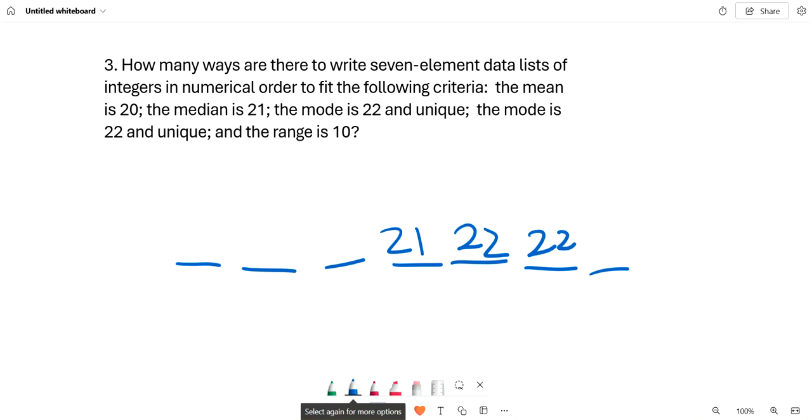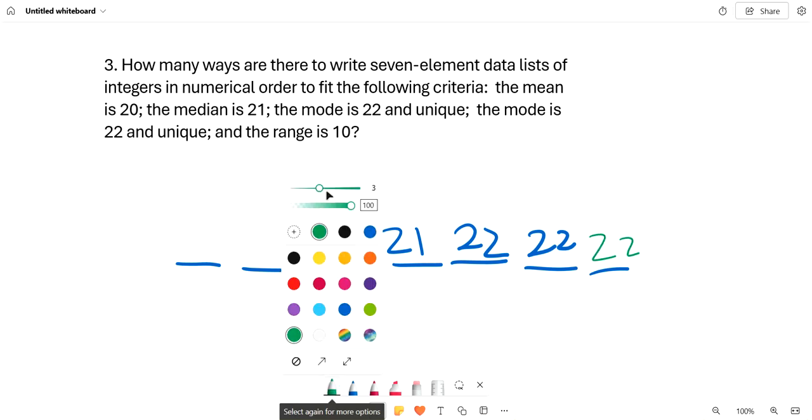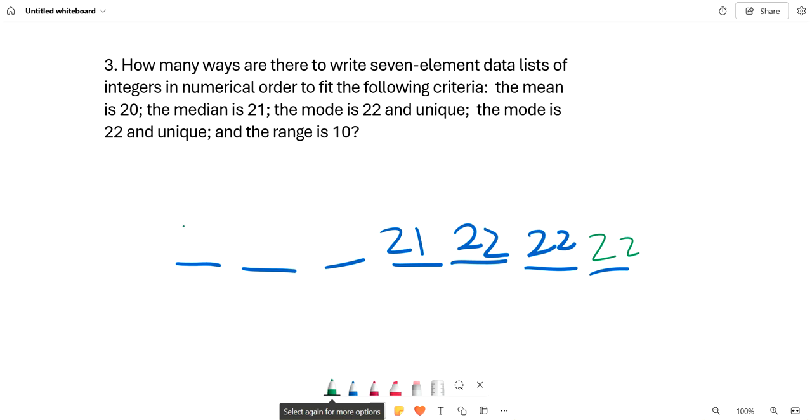So if we just set, let's say this is 22, and so this would be 12 because the range is 10. And so the only possible option for the mean to be 20 would be if this was 20 and this was 21.